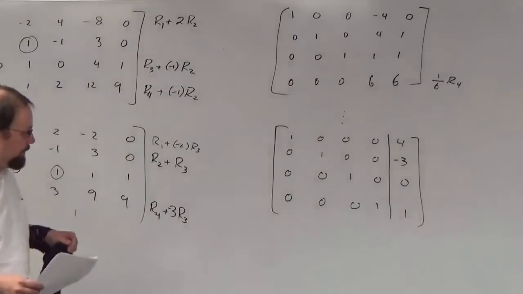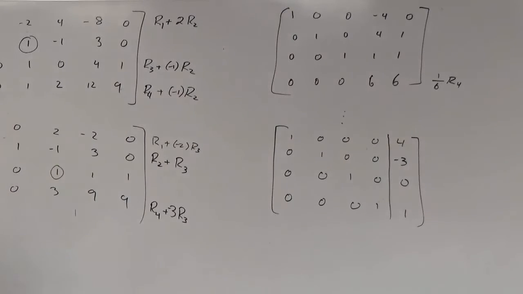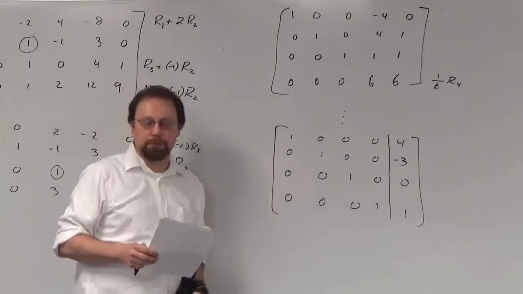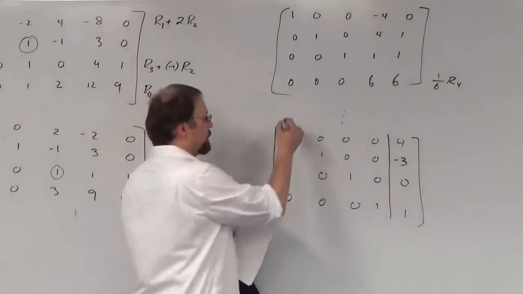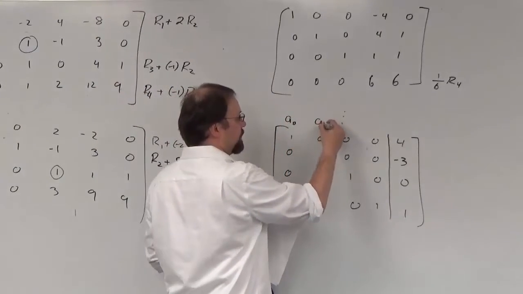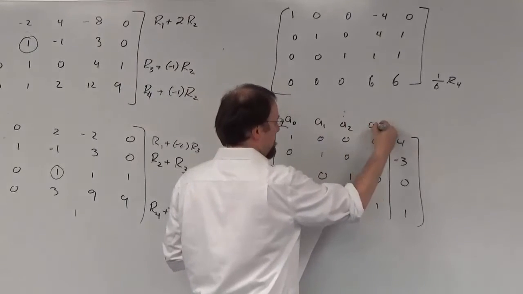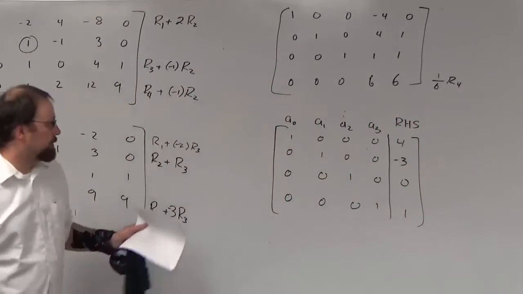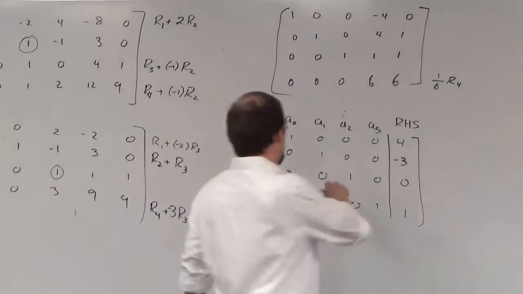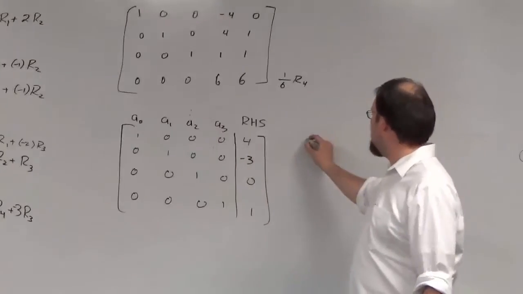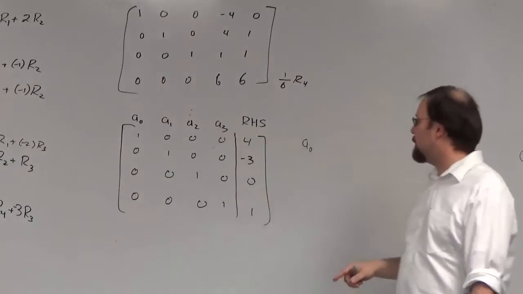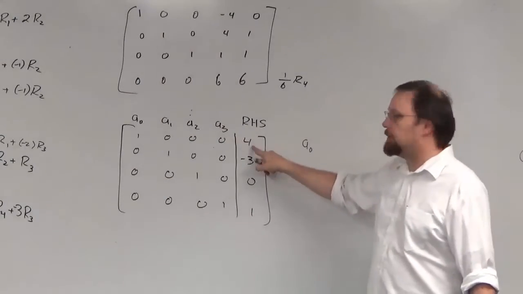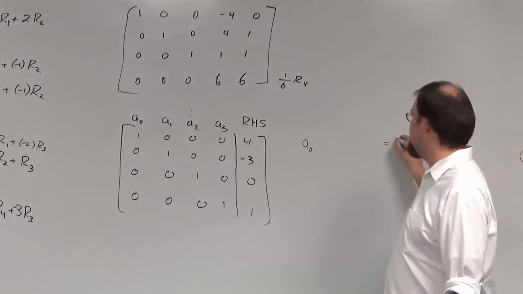Let's always remember, if you have trouble getting the solutions or reading the solutions off the reduced matrix, this is just shorthand for a system of equations, right? So my unknowns were the coefficients in this cubic. The first row can be interpreted as saying 1 times A naught plus 0 times A1 plus 0 times A2 plus 0 times A3 is equal to the right-hand side, right?